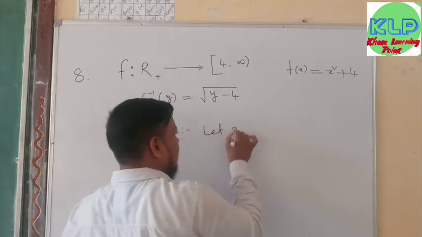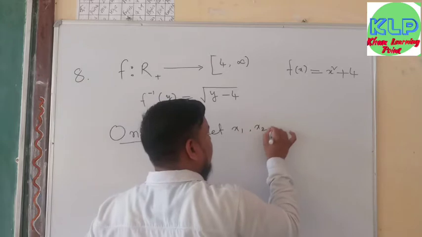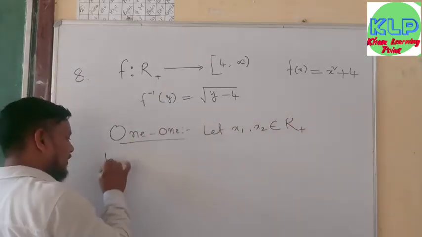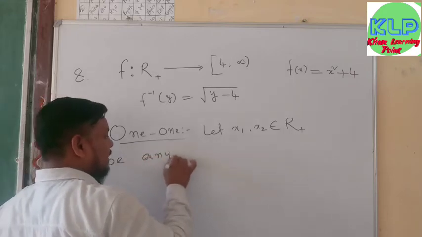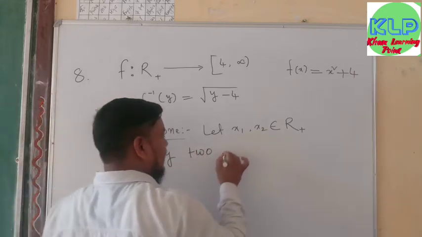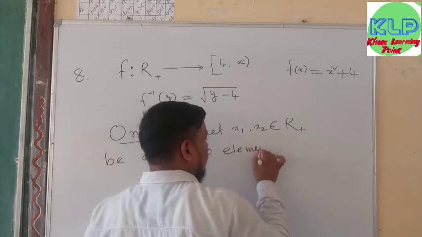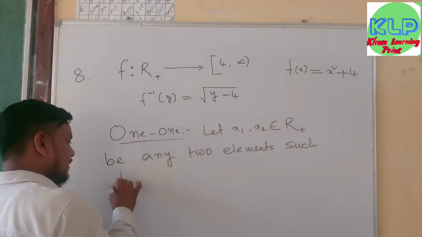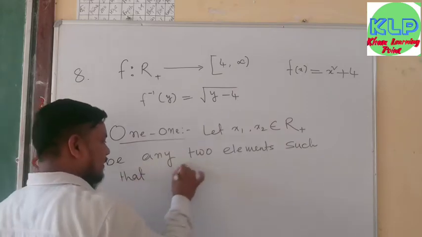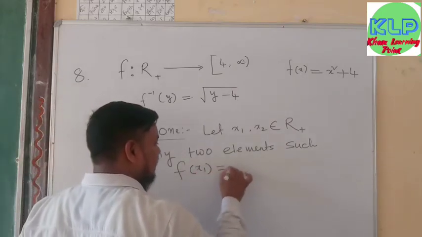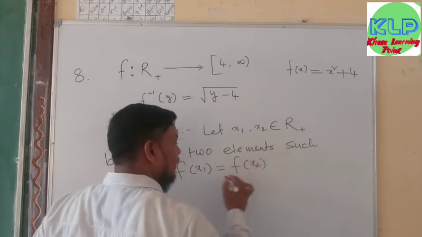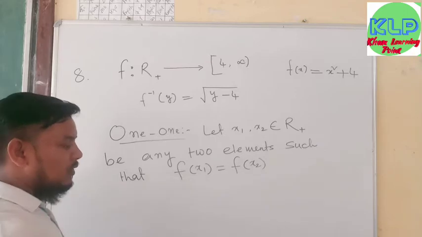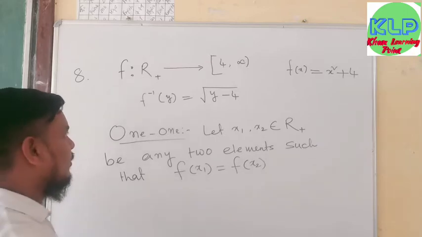Let x1, x2 belongs to the domain R positive be any two elements such that f of x1 is equal to f of x2. It is our assumption, and subject to this assumption we need to show that x1 is equal to x2.